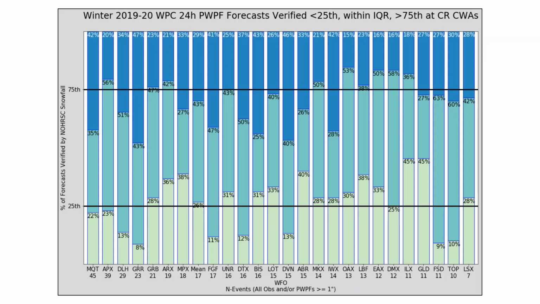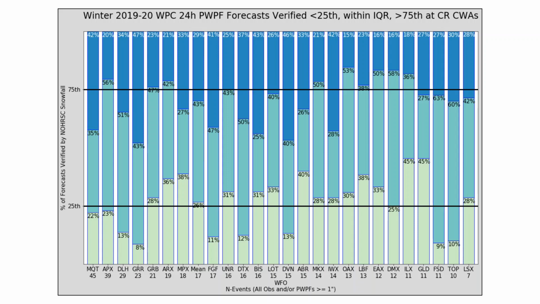In a calibrated ensemble, you'd want to have half of your events fall within the interquartile range. You'd want to have 25% of them occur below the 25th percentile rank, and 25% occur above the 75th percentile rank.